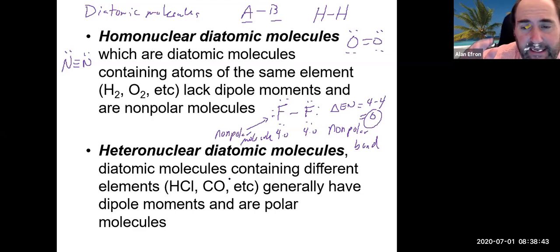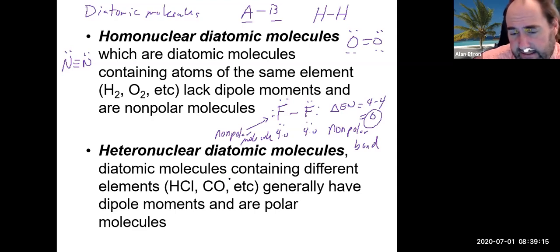That's because each contains only one bond, and that bond is nonpolar, which means the entire molecule has to be nonpolar. So pretty simple. If you have two of the same atom in a diatomic molecule, I wouldn't think about it very long. Just write nonpolar molecule. The molecular polarity should be nonpolar, again because it only has one bond, and that one bond is nonpolar.